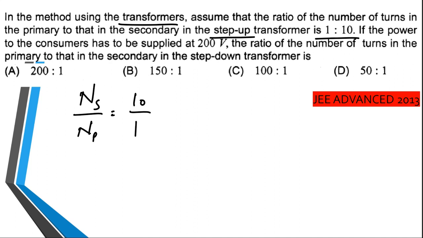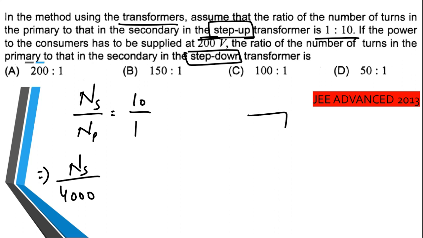Now remember what was the voltage which was being generated. The voltage which was being generated at the powerhouse was 4000. So that acts like a primary voltage at the power station, because at the power station we use a step up transformer, and near our home we will use the step down transformer. So first we are calculating what happens near the power station. Power station generated 4000 volt.